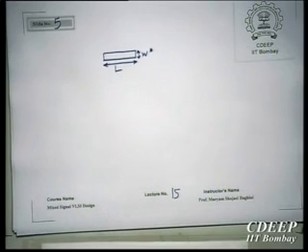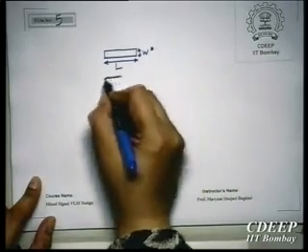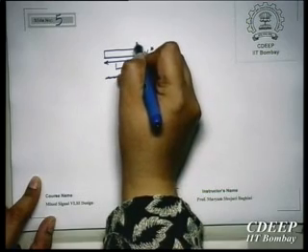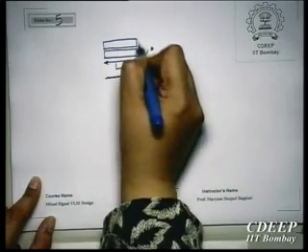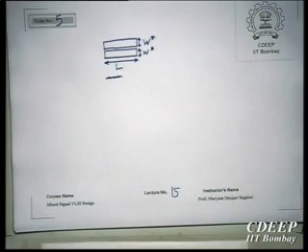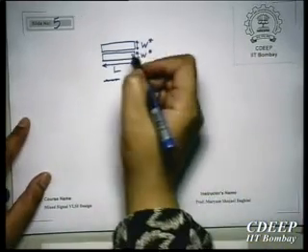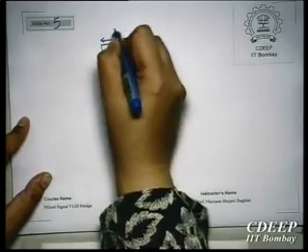I have assumed only L has variation. How do I increase the area? I add one more strip with the same W. Notice I have assumed W doesn't have any variation and L only observes variation. Therefore, this is L1. Now this is L2.